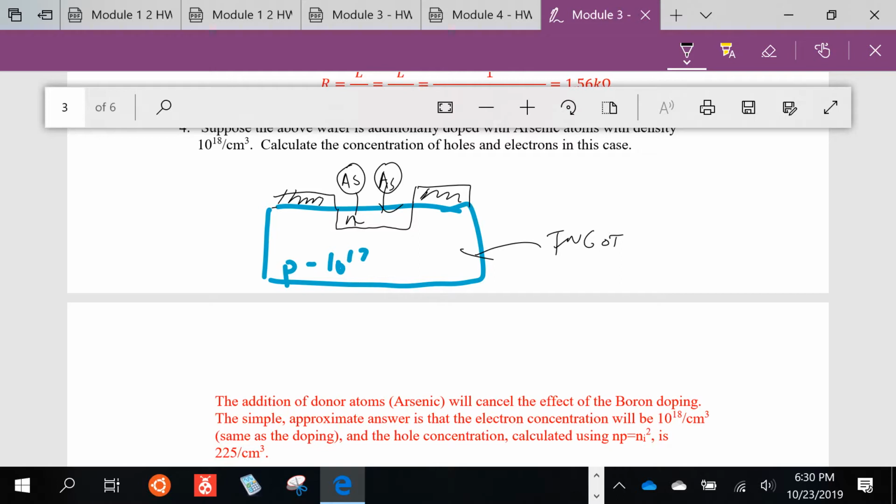And when those arsenic atoms diffuse into the wafer, they are impurities, right? They're column 5 dopants, so they create an N-type region within the P-type silicon. So that's what selective doping is.